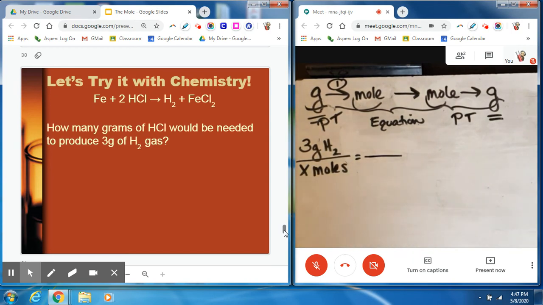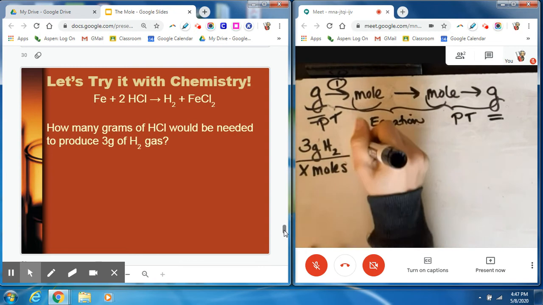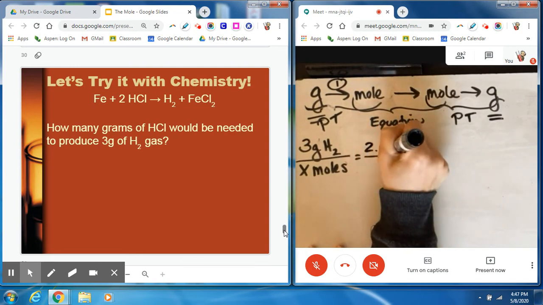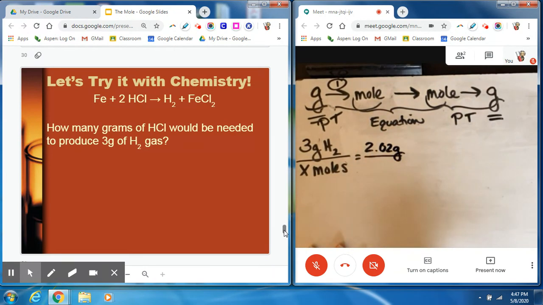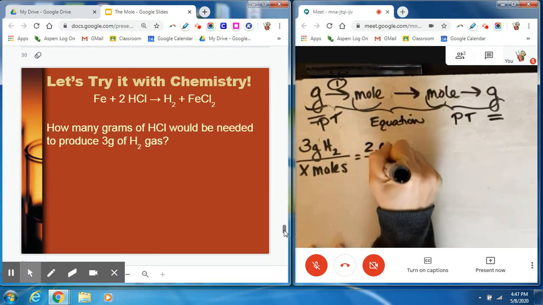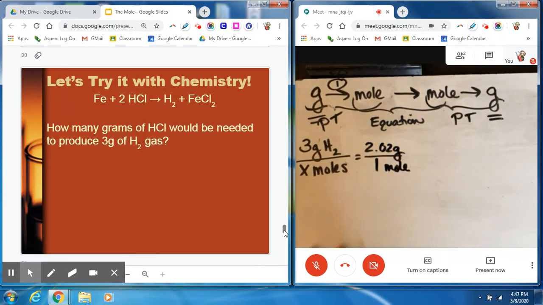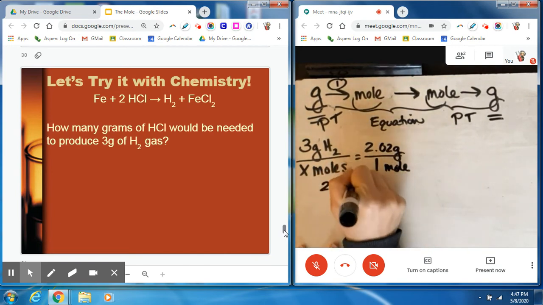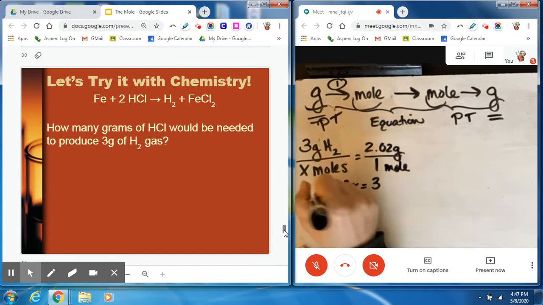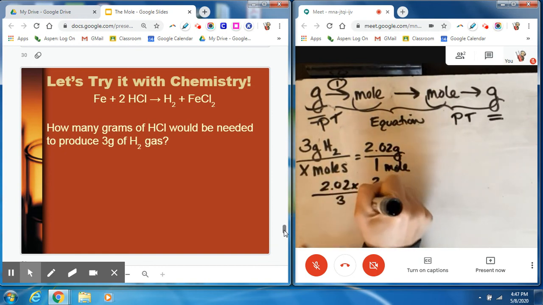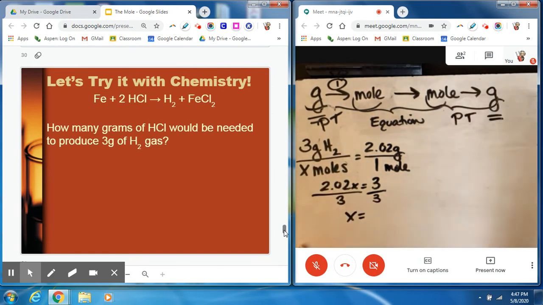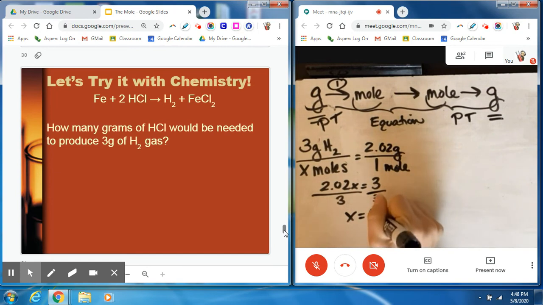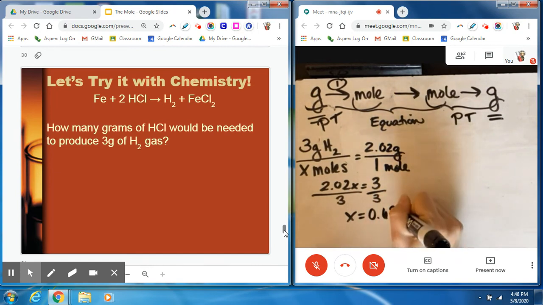The periodic table tells us that for every 2.02 grams of H2, we have 1 mole. Cross multiply and solve for x. So we say 2.02x equals 3. Divide both sides by 3. And x is equal to 2.02 divided by 3 equals 0.67.